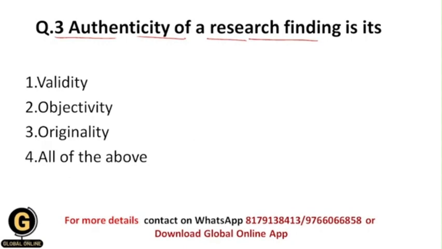Okay, this is called the authenticity. And what is exactly the authenticity of a research finding? It means that whenever we get the results of our research, how can you say that our research results are authentic? So whether it is its validity or its objectivity or originality or all of the above.